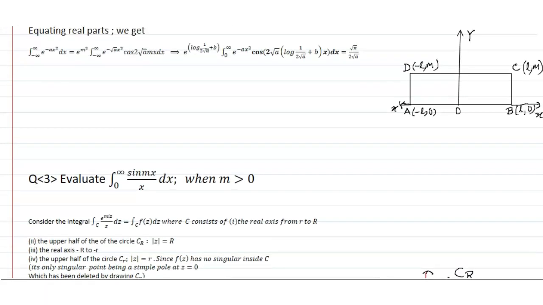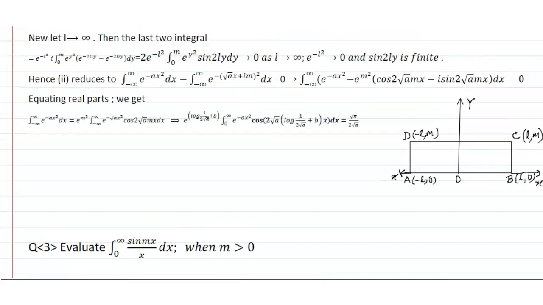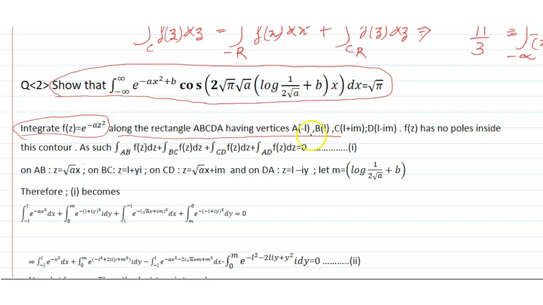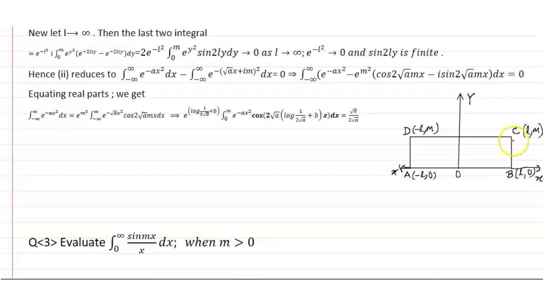You will see that I have already drawn ABCDA, where A is equal to minus L, B is equal to L, C is equal to L plus iM, and D is equal to minus L plus iM. f(z) has no poles inside the contour, so the integrals along AB, BC, CD and DA sum to 0 by Cauchy's theorem, because there is no singularity.